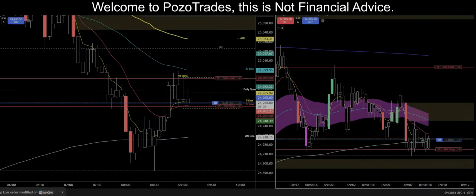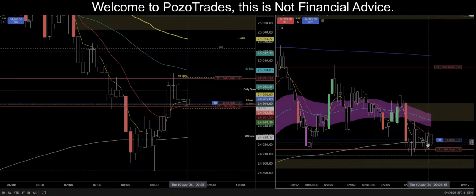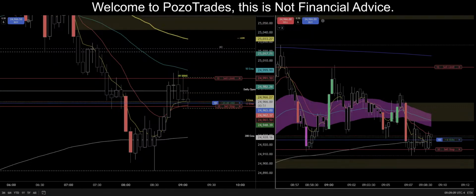This is gonna be a tight stop because I'm really not interested in letting it draw down further. Because basically, if we can't hold this 200 EMA on the 15 second, then I'm not really interested in this trade anymore.